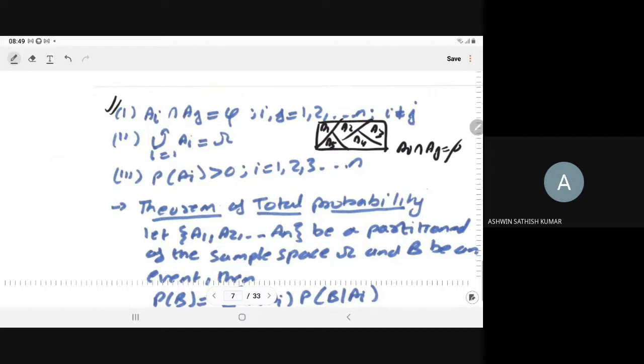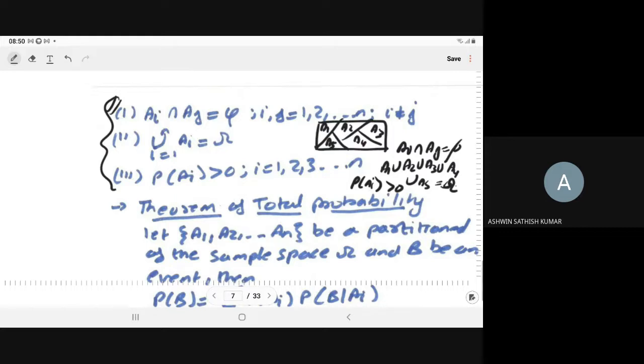All are mutually exclusive, and A1 union A2 union A3 union A4 union A5 will give you the complete sample space omega, and the probability of any event, P of Ai, is greater than 0. So it means A1 to A5 are a partition of sample space omega.